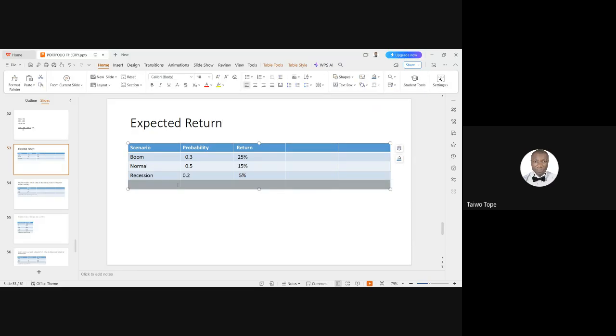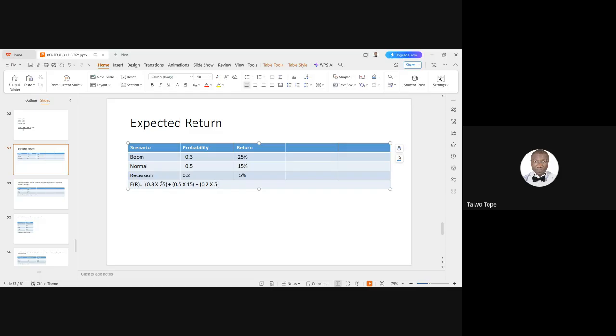That is, your expected return would be equal to, for the boom, 0.3 multiplied by 25, plus for normal, 0.5 multiplied by 15, and for recession, 0.2 multiplied by 5.